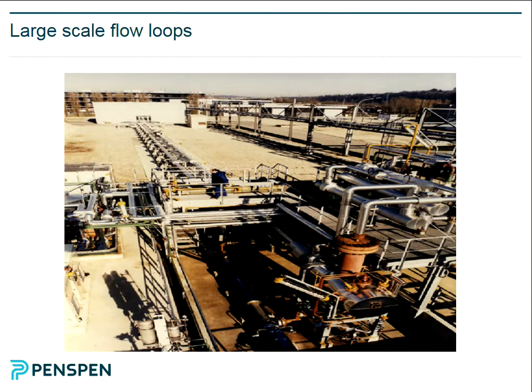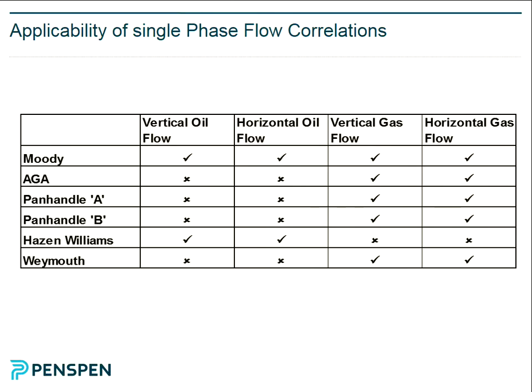Gas condensate systems, Hagedorn and Brown, oil pipelines, Oliemans, and then gas condensate pipelines, BJA correlation, Baker Jardine Associates correlation, which is now part of Schlumberger. They used to be an organisation.